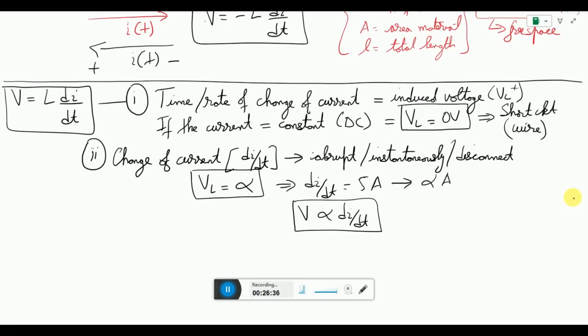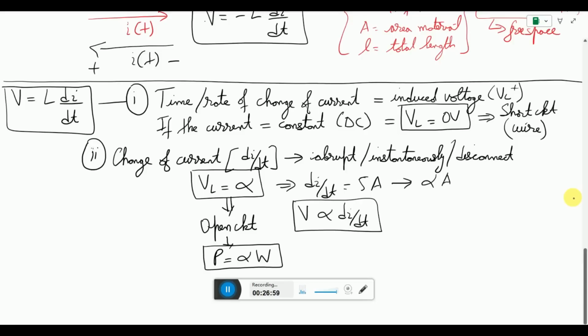We have to avoid suddenly disconnecting the inductor from our circuit, because this condition where the voltage goes towards infinity is basically making our circuit an open circuit, and in reality, to provide an infinite voltage, we need a source that is giving infinite power, and that is not physically possible.